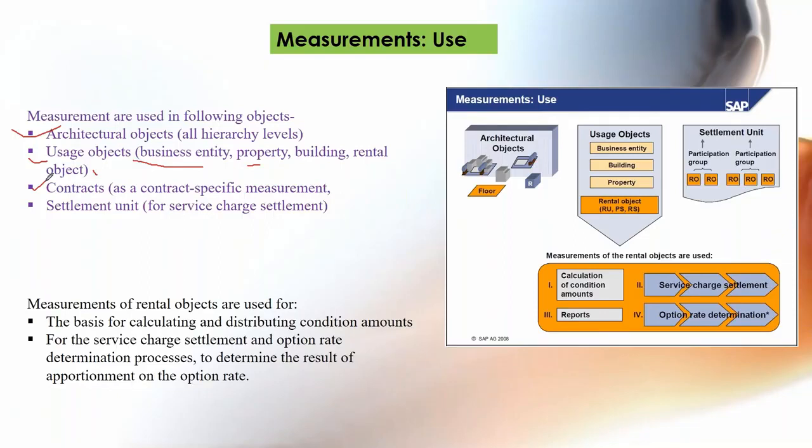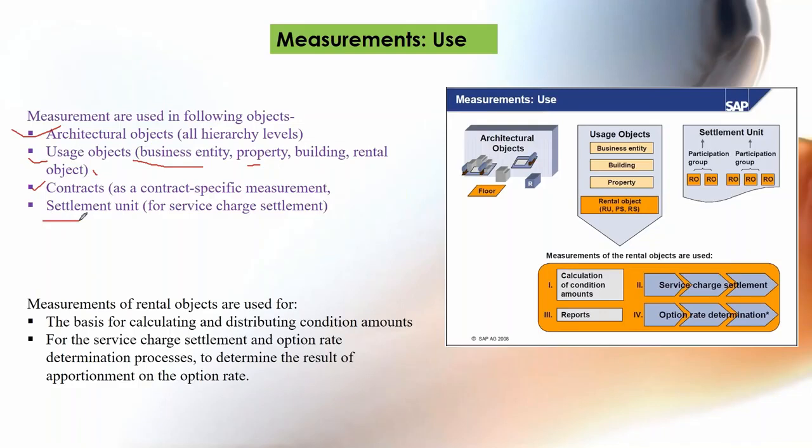If you have maintained the measurement in rental object, you can get the same measurement in the contract also. So it's a choice whether you want to include your rental object measurement in calculation, or how you want to proceed with that. You can define measurement in rental object, you can define it in contract directly also.